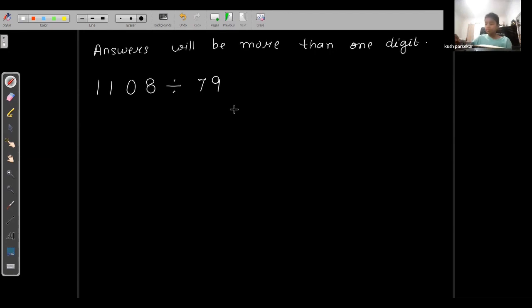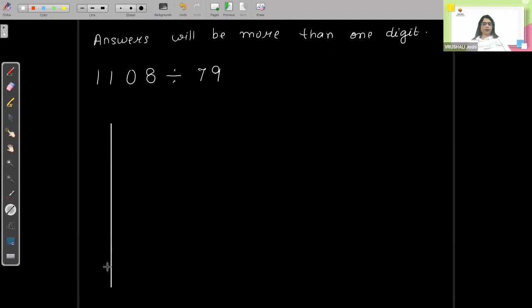Okay. So what is the base we will take here? Who will tell me? Base will be 100. Correct. Right. First, let us arrange the numbers there. There's going to be 1108 and you have a 79.